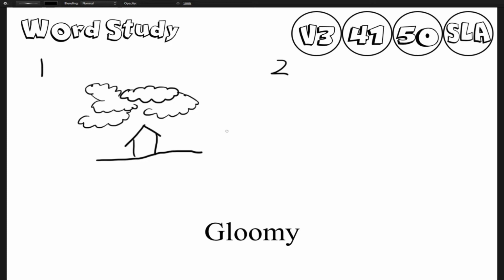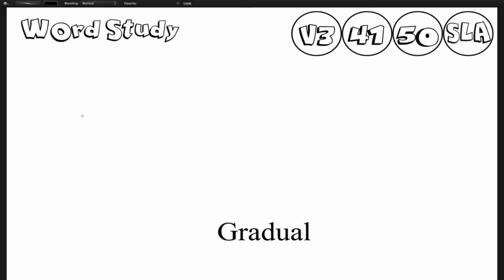Today is a dark day. The second meaning of gloomy is sad. If you say that you're feeling gloomy, you mean you're feeling sad. Gloomy means dark, and gloomy means sad. Gloomy.